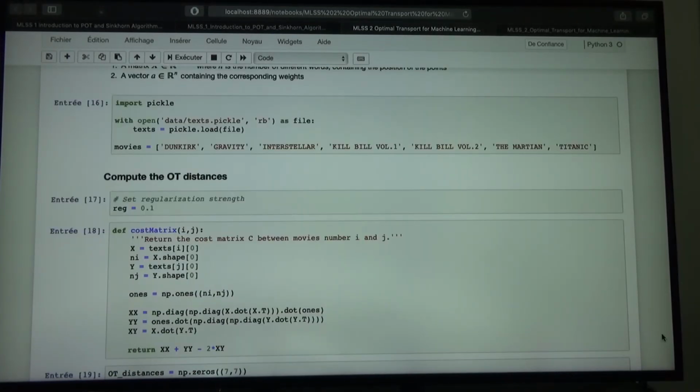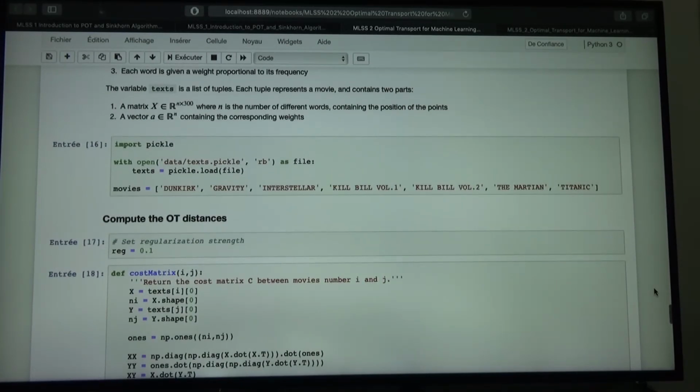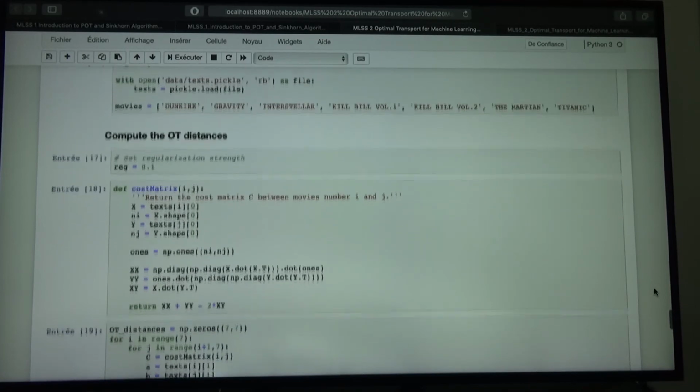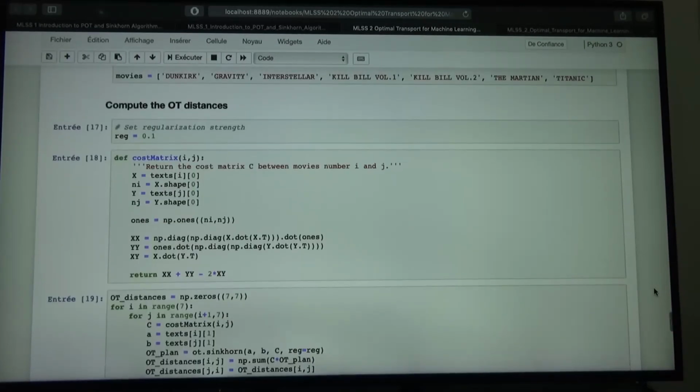Okay, so let's get back to our document clustering. For any pair of texts, of documents, of scenarios, of films, we will have to compute the optimal transport plan between the two, or at least the entropy regularized version of it.